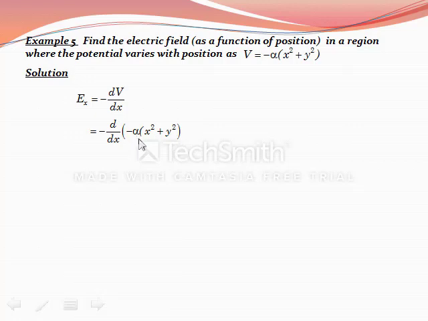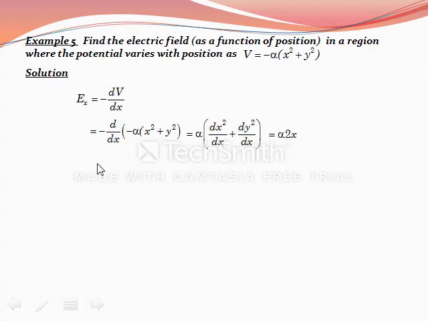First bring this minus alpha out of the differential sign. So alpha. As I told you, y is a constant, so this term will become 0 and this will be 2x. So it's alpha into 2x. We have the x component of the field, 2 alpha x.